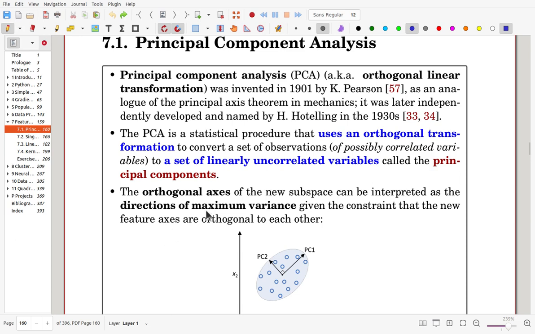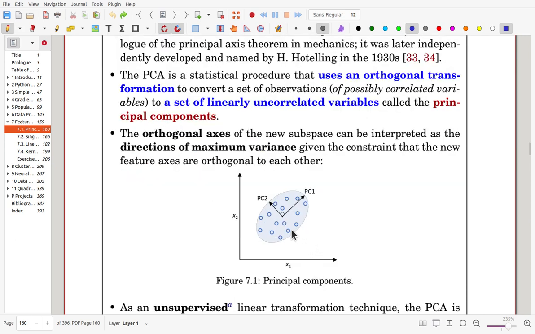The orthogonal axis of the new subspace can be interpreted as the directions of maximum variance. For example, for this data set, the direction of maximum variance is this one, so the first principal component will have this direction. We'll see details very soon.